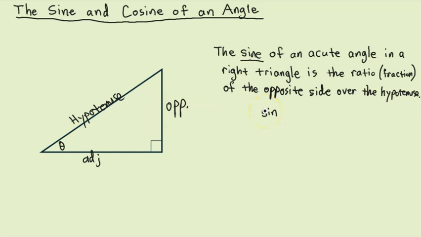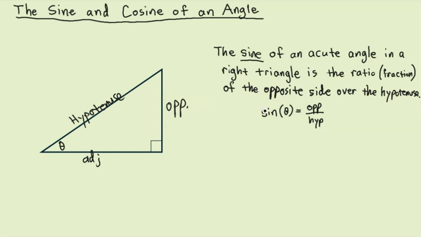It's sine, this is not sin. This is a long I. Sine of theta is equal to the length of the opposite side divided by the hypotenuse. Whatever side is opposite goes in the numerator, and the hypotenuse goes in the denominator.